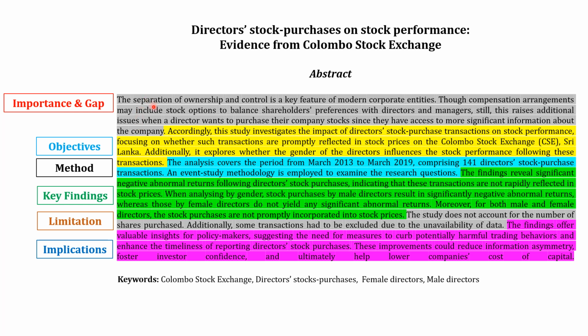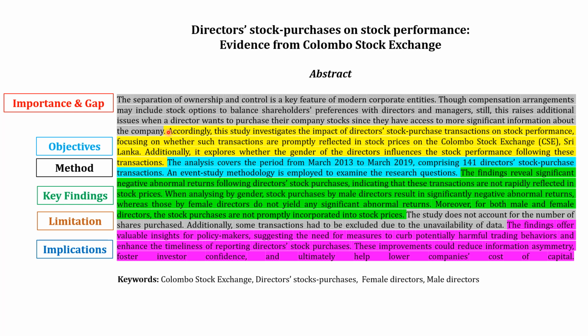That is the importance and the gap, right? Once the reader reads this sentence, it should be attractive and give some positive feelings for the reader to read the other lines as well.